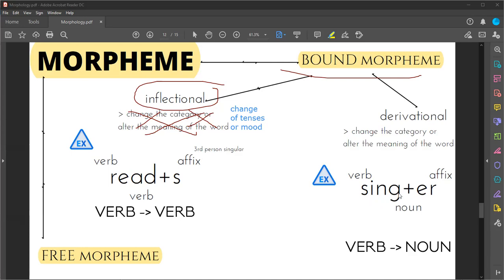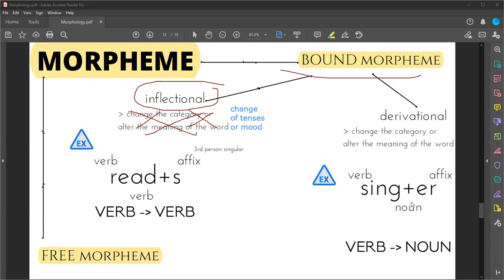We have sing and er. So what is sing? Sing is a verb, like you are singing, sing, that is a verb. But when we put a bound morpheme, singer, that will be a noun, a person who sings. So sing plus er will be singer, that will be a noun. So verb to noun, that will be derivational.